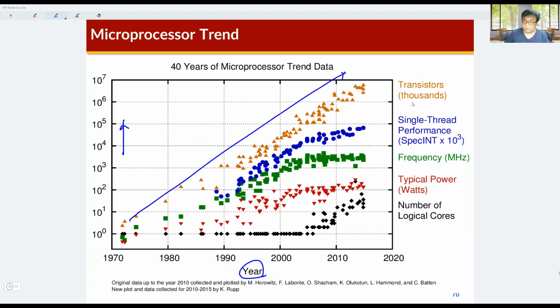First, the number of transistors increases exponentially based on Moore's law, so it is maintained. But as you can see, the single thread performance, that means the performance of the uniprocessor, is saturated, it's becoming saturated.